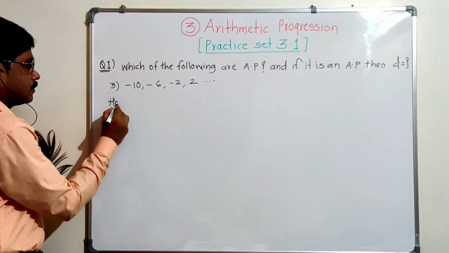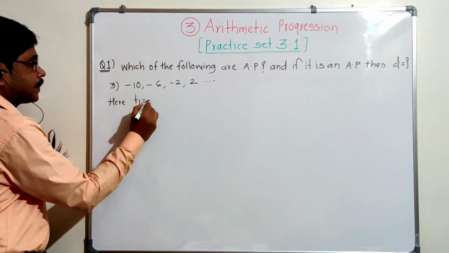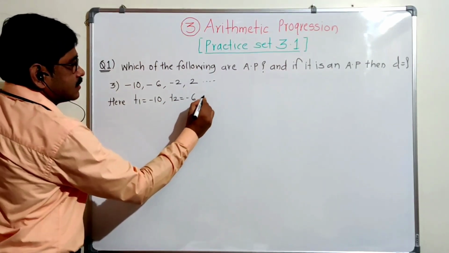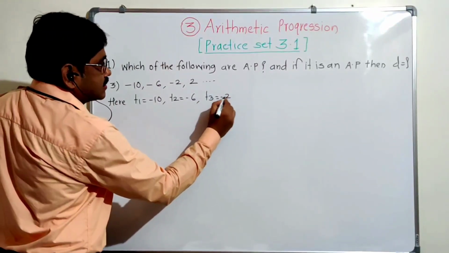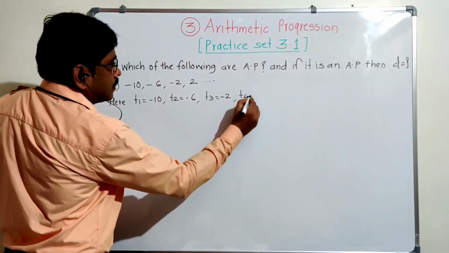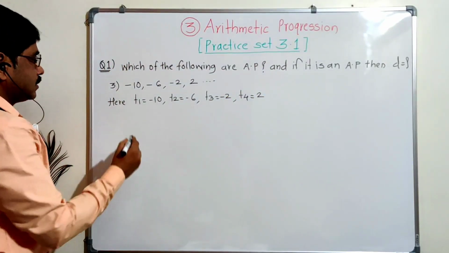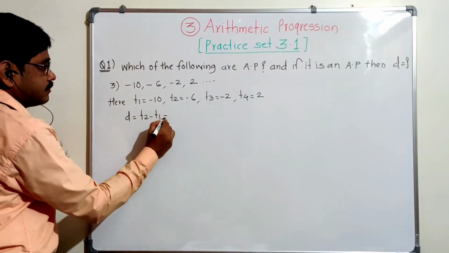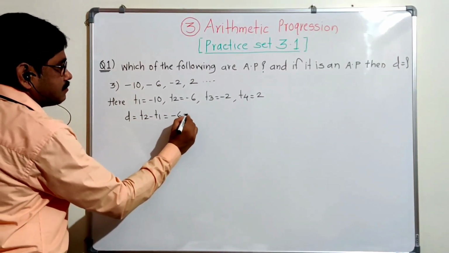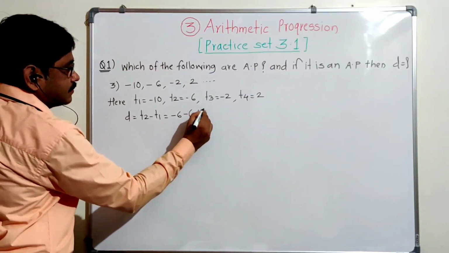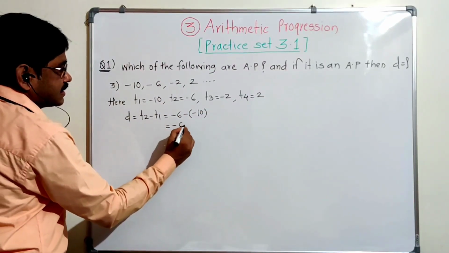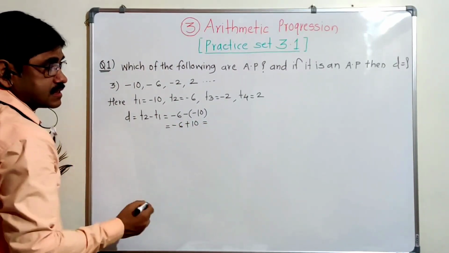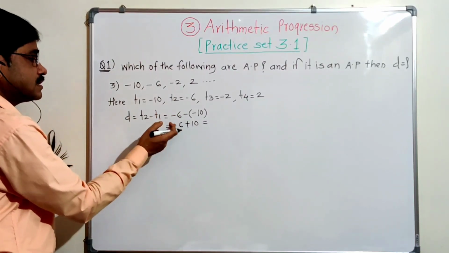Here T1 is minus 10, T2 is minus 6, T3 is minus 2 and T4 is equal to 2. Find the common difference. D is equal to T2 minus T1. That means minus 6 minus bracket minus 10. So how can we write? Minus 6 minus minus becomes plus 10, is equal to 10 minus 6 with different signs. Then subtract the smaller from the larger one.